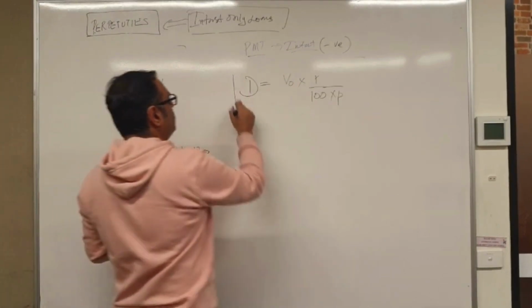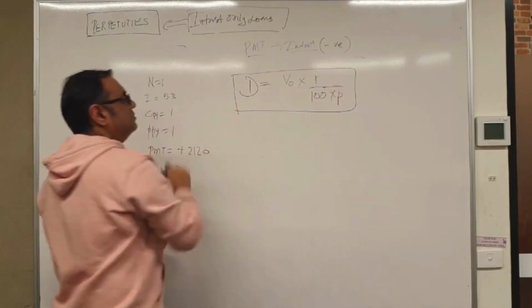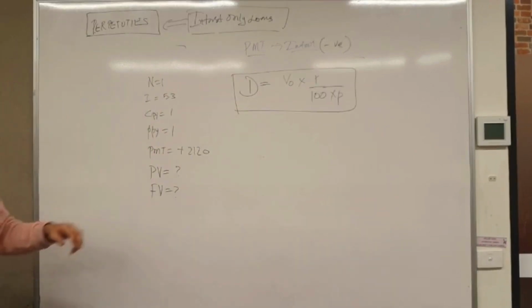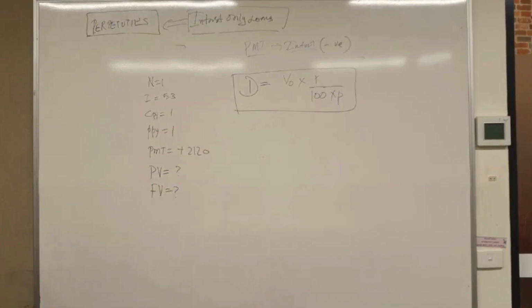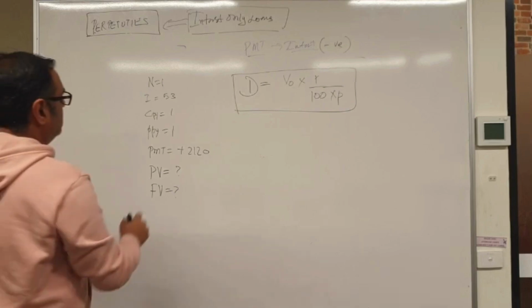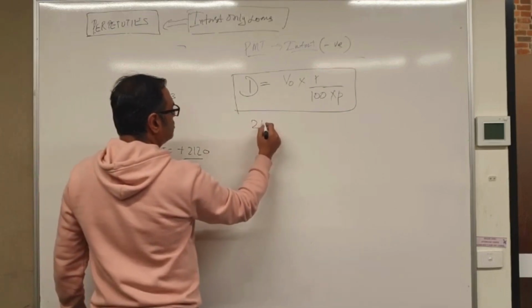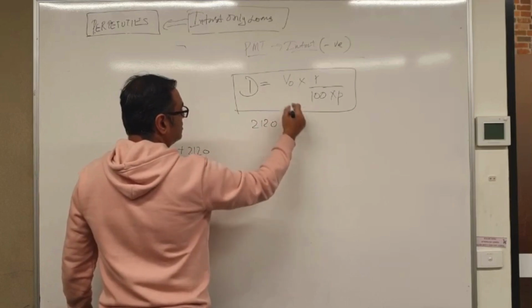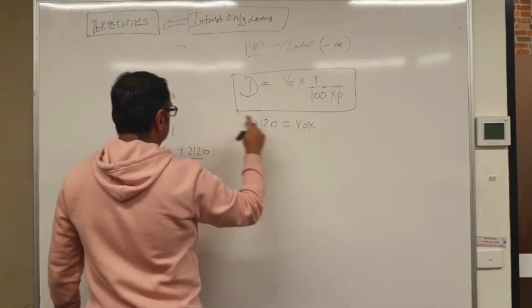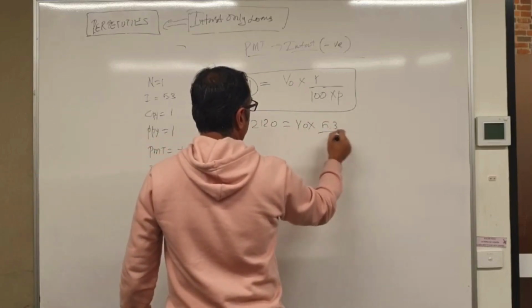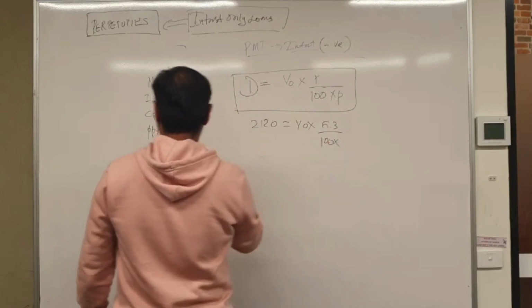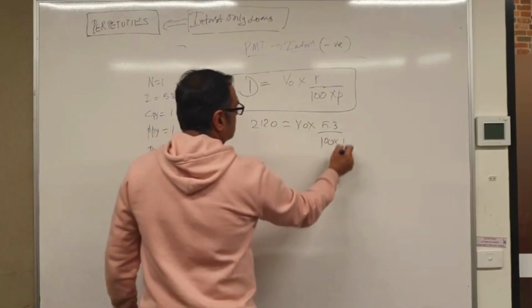So that is the formula. The D is the payment amount. So you need to use this. Payment amount 2120 times V0 is something that I'm after. Rate of interest is 5.3 over 100 times compounding is happening once.